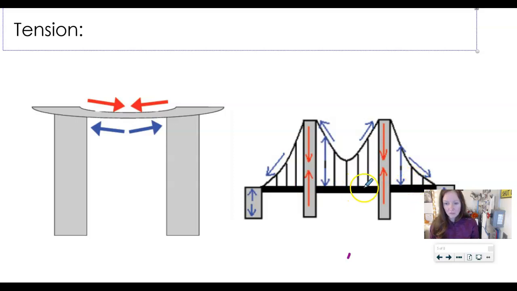But what a suspension bridge does is transfer that to the giant towers, which are then put under compression, which we'll talk about in a second, and to the anchorages, the part where the bridge is actually anchored to the ground on the other side. And it's able to transfer that load out, spread it out, dissipate it, so that it doesn't buckle or snap.